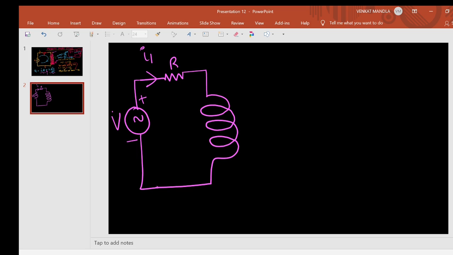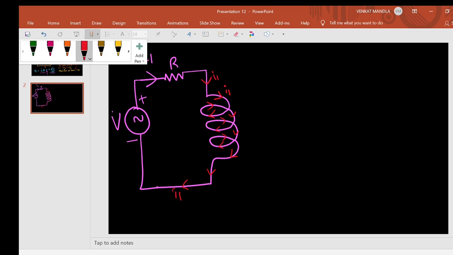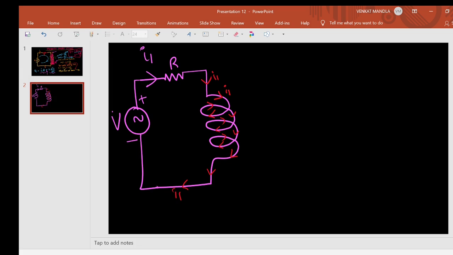This is the I1 direction. So because of this I1, a flux is produced in the inductor.